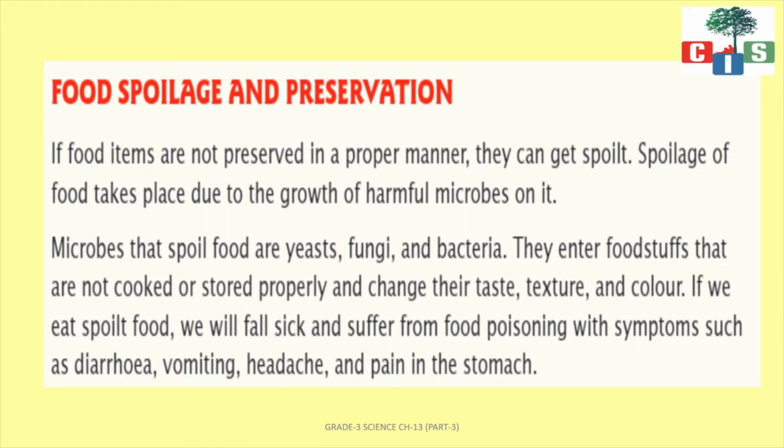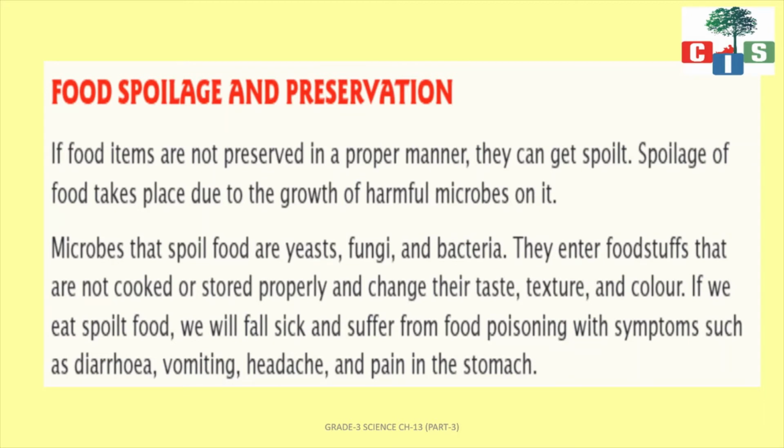So how can we identify whether the food is spoiled or not? Firstly, the taste of the food will change. Then the texture, meaning the appearance of the food, will change, and also the color of the food may change. If we eat spoiled food, what will happen? We will fall sick and suffer from food poisoning with symptoms such as diarrhea, vomiting, headache, and pain in the stomach.